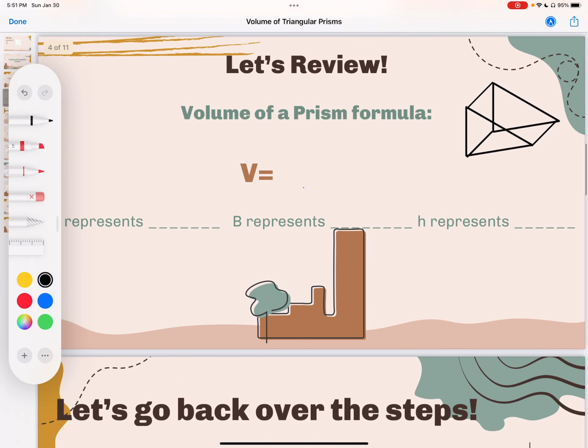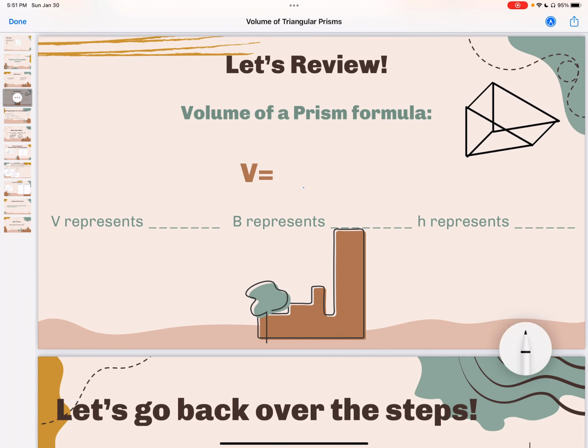It says the volume of a prism formula is, now let's make sure we use our star chart. So here we would start at the top, and it goes through linear equations, circumference, area, but we want to look at volume. Then it says prism and pyramid.